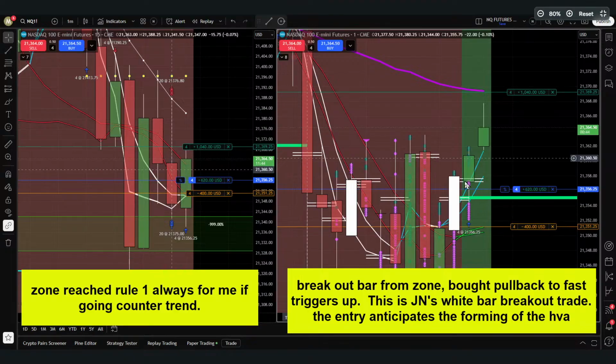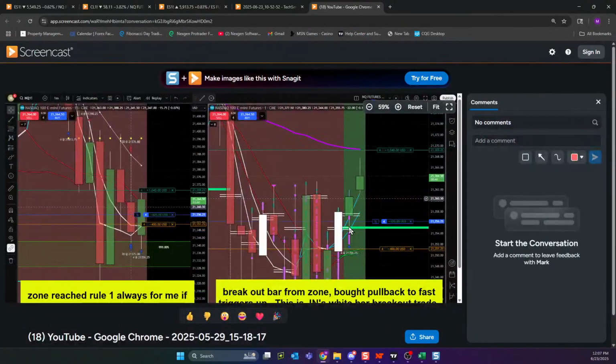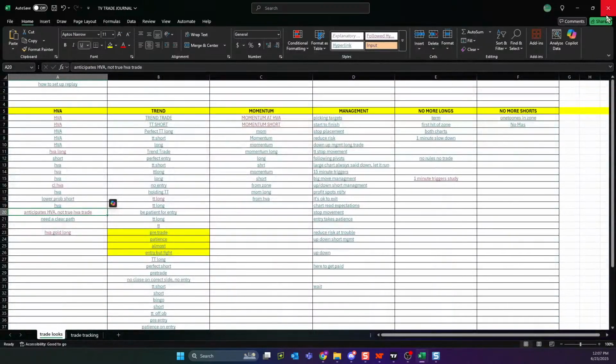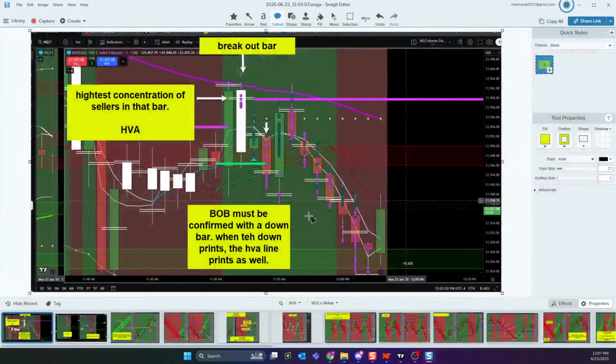In this particular instance, it was $1,000 to get up to the trouble there. So that's a great way to use those white bars. And it's just anticipating. You just had an aha moment? I love those.